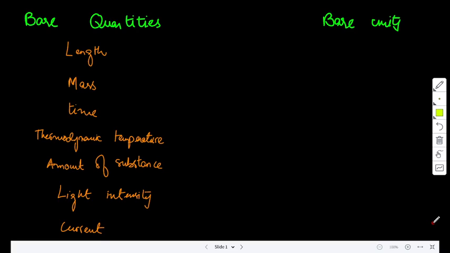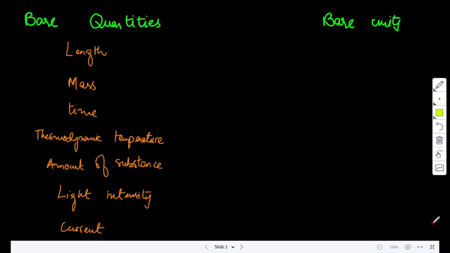So basically they were trying to find a single unit for each base quantity, which can be used over and over again, and everyone will be using the same universal unit.